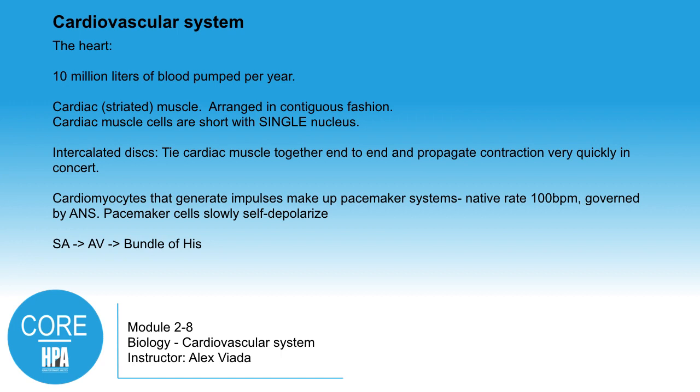Interesting fact about the heart. If the pacemaker systems, without the input of any other nervous systems or any of the autonomic nervous system in the body, the heart would beat at 100 beats per minute. That is almost regardless of anything else. It is the autonomic nervous system that actually governs the heart rate and changes a lot of your resting heart rate. And it does that in response to numerous feedbacks, which we'll talk about in just a moment.